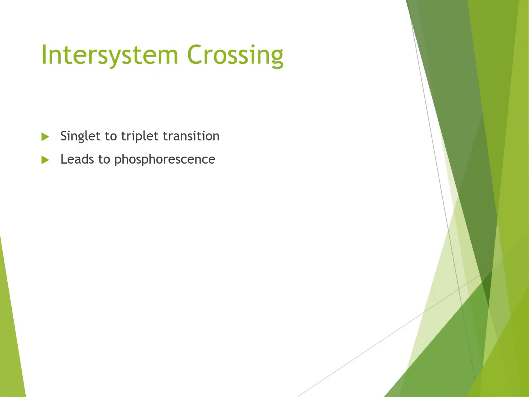This process leads to phosphorescence rather than fluorescence. If intersystem crossing takes place from the singlet state to the triplet state, it will result in the phosphorescence process, and not the fluorescence process.